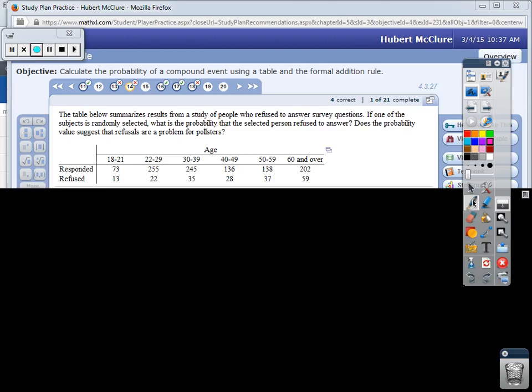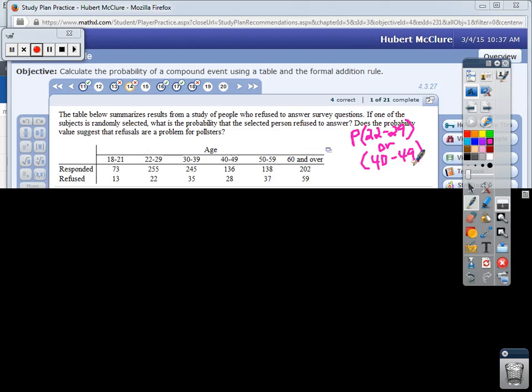All right. I want the probability of 22 to 29 or 40 to 49. Okay, so there's the word or.